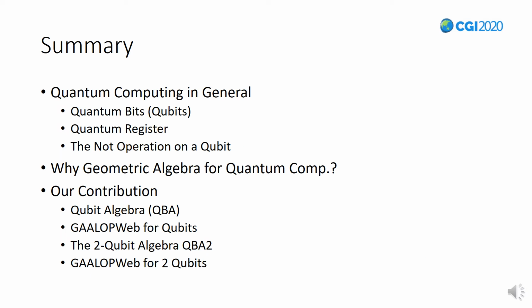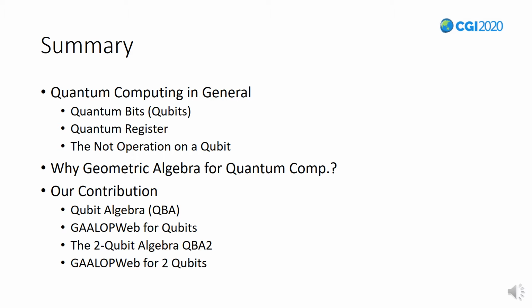That's a summary of my presentation. First of all, I would like to talk about quantum computing in general, explaining what quantum bits and quantum registers are, and present one operation on a qubit as an example, the NOT operation. After that, I would like to answer the question why geometric algebra is so interesting for quantum computing, and then present our contribution.